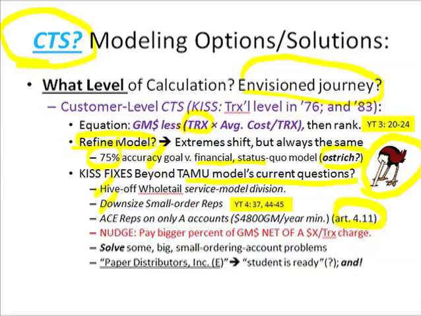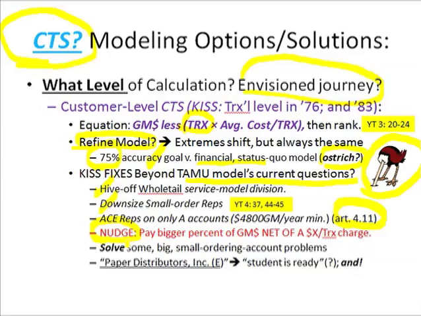And then also we might say, well, fine, but what would be a new compensation program going forward? In other words, if we're looking at this transactional cost structure, how do we get salespeople more aligned with proactively preventing lots of small orders?